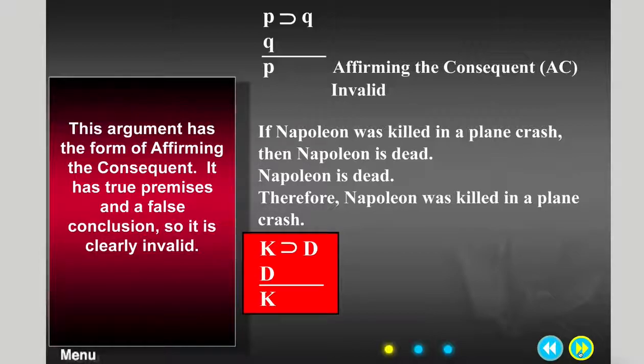So let's see. We have Q, K. If K, then not R. R, therefore not K. This might be a little bit more difficult, but what's happening here? To get this, you're denying the consequent.